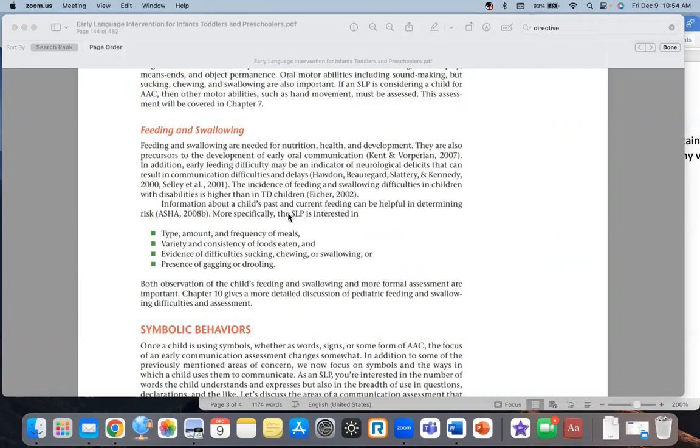Information about a child's past and current feeding can be helpful in determining their risk. So the SLP is interested in details about their meals, the types of food that they eat, and if they have any issues with sucking, chewing, swallowing. So maybe knowing that if a child is having difficulty with feeding and swallowing, that can indicate that there's something bigger going on.